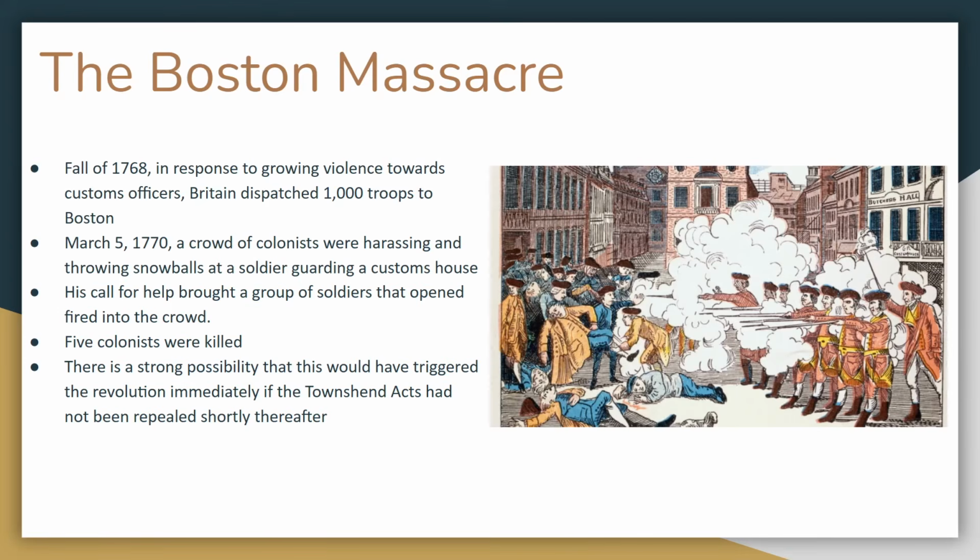However, Parliament and the Crown, having their wits about them, immediately repealed the Townshend Acts because they knew this was going to start something that they couldn't stop. So they repealed the Townshend Acts as basically an olive branch kind of deal, like, hey, we're listening. This doesn't need to blow up more than it already has. We don't need any more loss of life, that kind of thing.